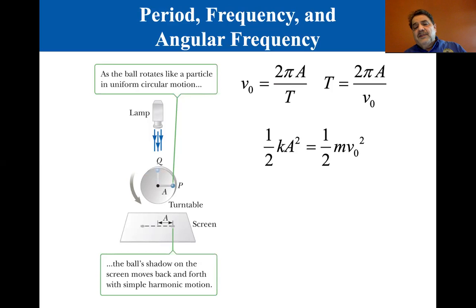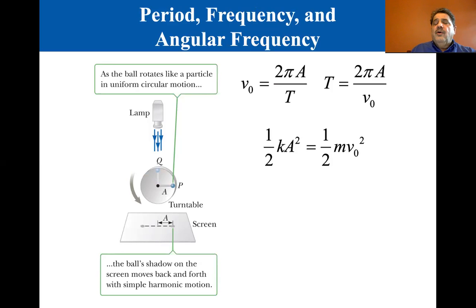Now we have the spring potential energy. If you pull a to its maximum extent, you have a spring potential energy of 1/2 k a squared, where a is the maximum x that you pull it. And you have the kinetic energy of 1/2 m v0 squared. That's the fastest that it's going to go.